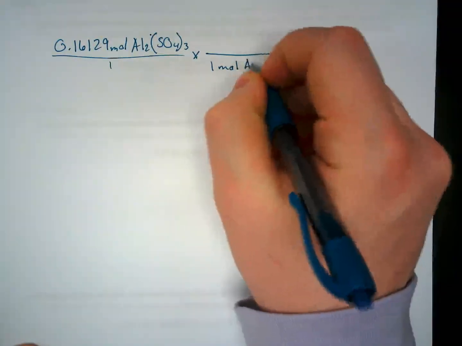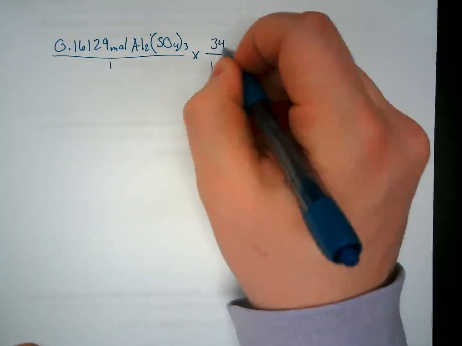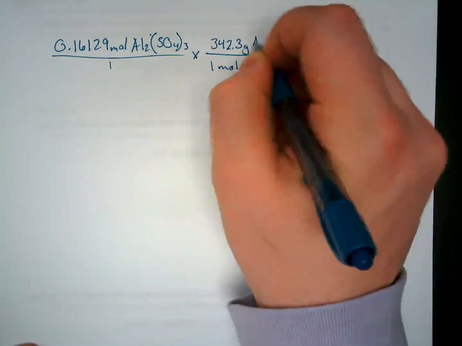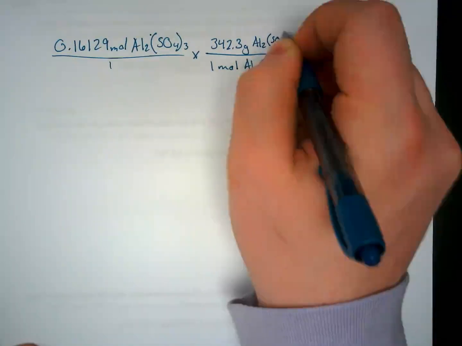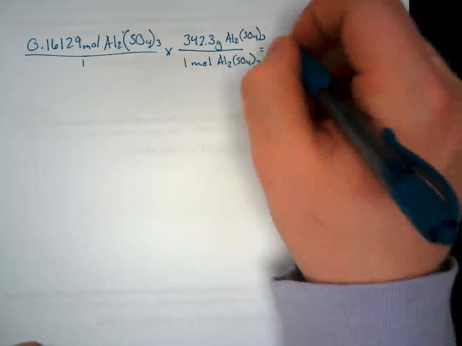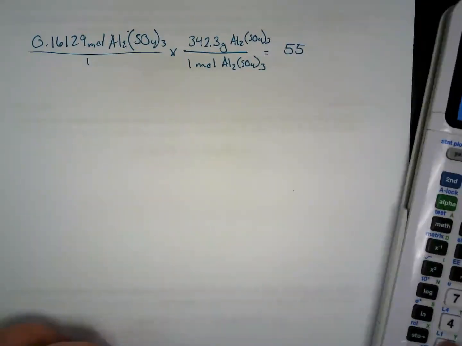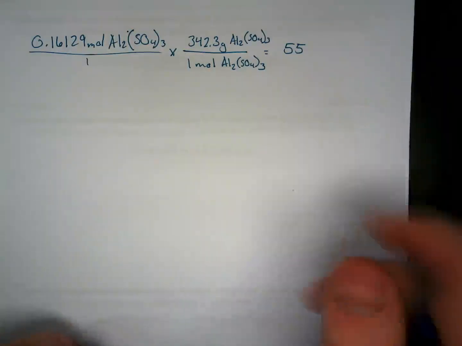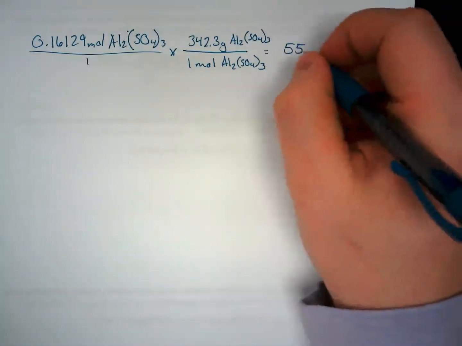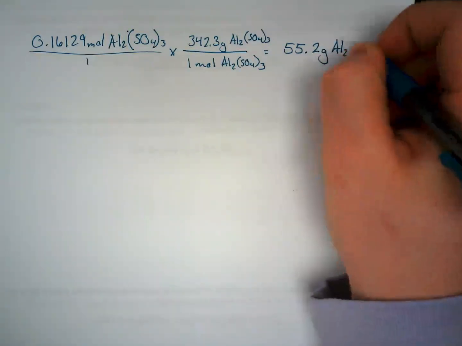So in 1 mole of aluminum sulfate, we have roughly about 342.3 grams of aluminum sulfate, which, and here we're going to keep sig figs, is going to be roughly about 55. Actually, I better double check that. 0.16129 multiplied by 342.3. Okay, which is going to give me roughly about 55.2 grams of aluminum sulfate.